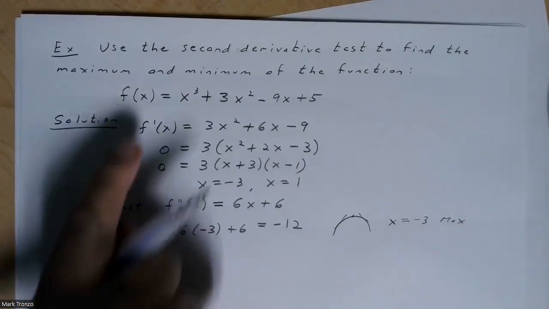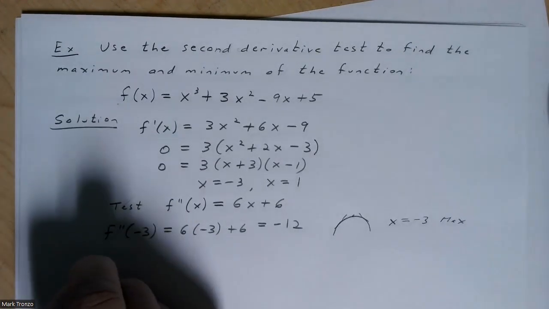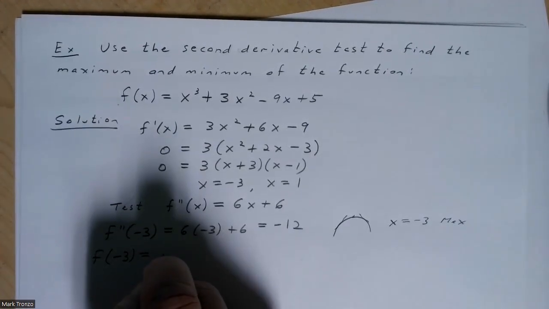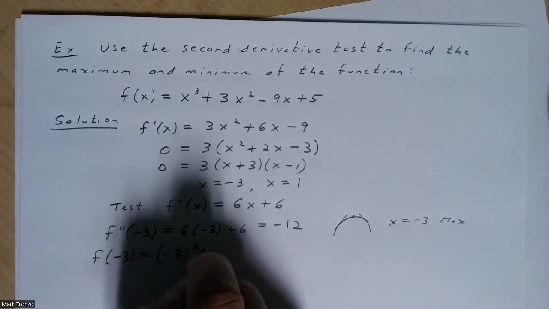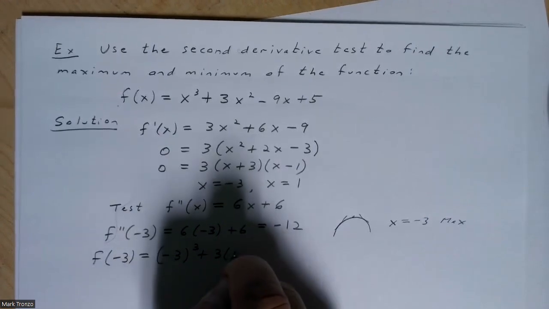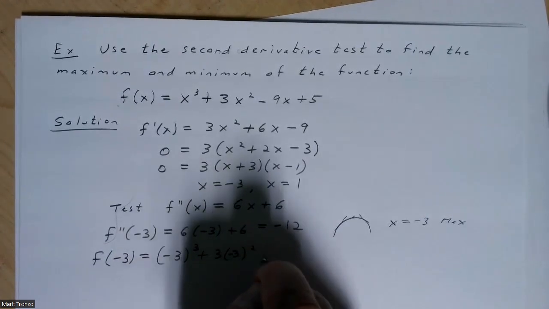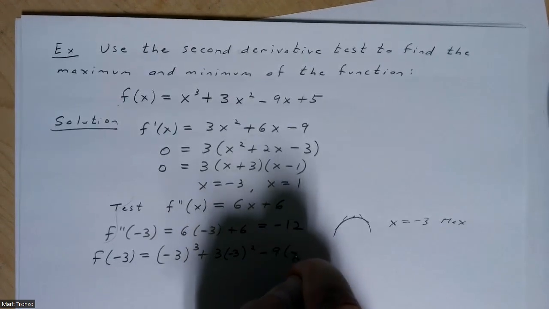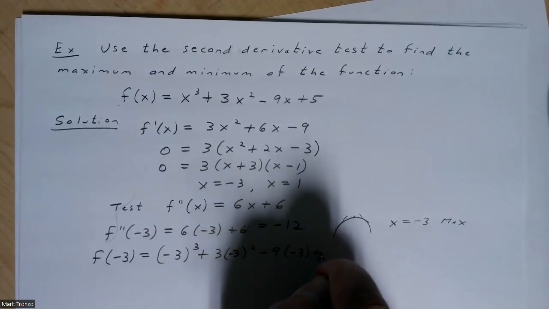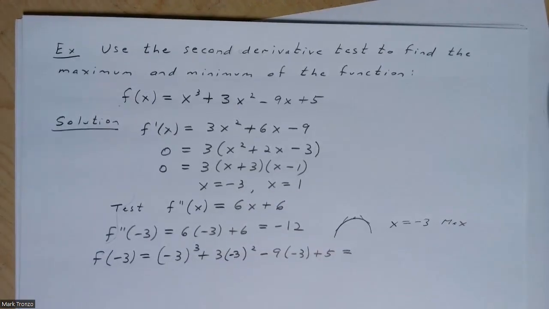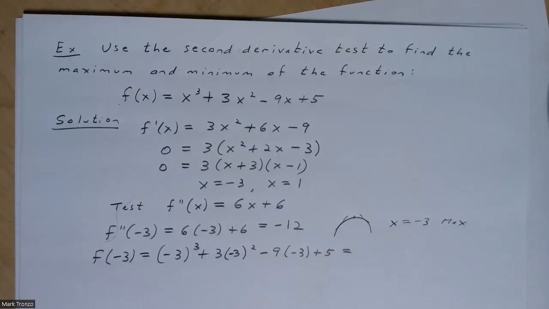Now we can find what the value of that is. So put that back into the function, and that'll tell us what the value of our function is at that point. And we'll put that into our calculator.